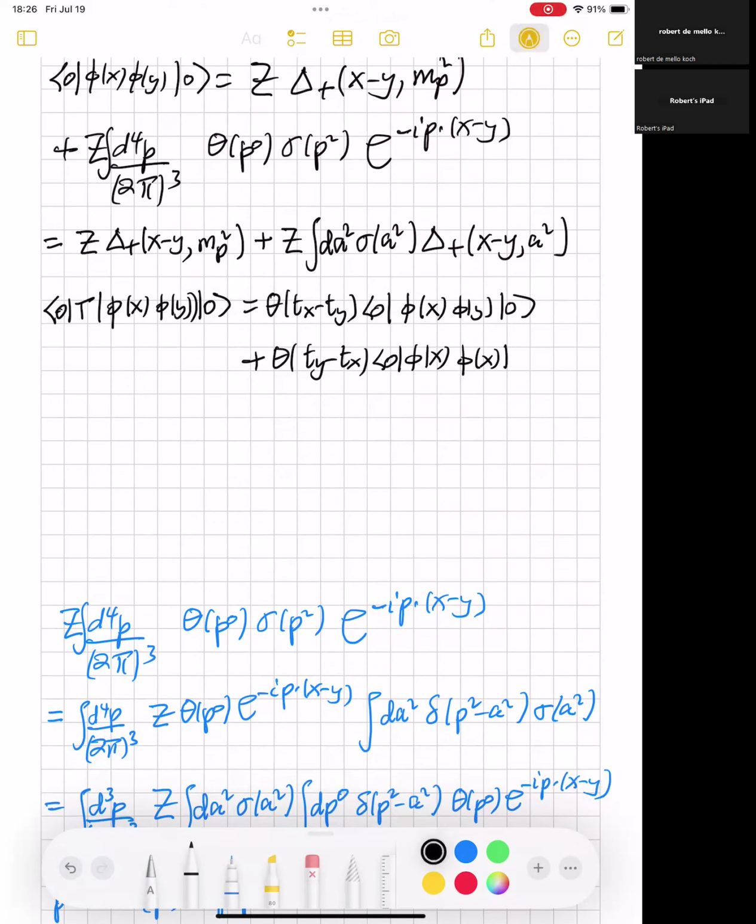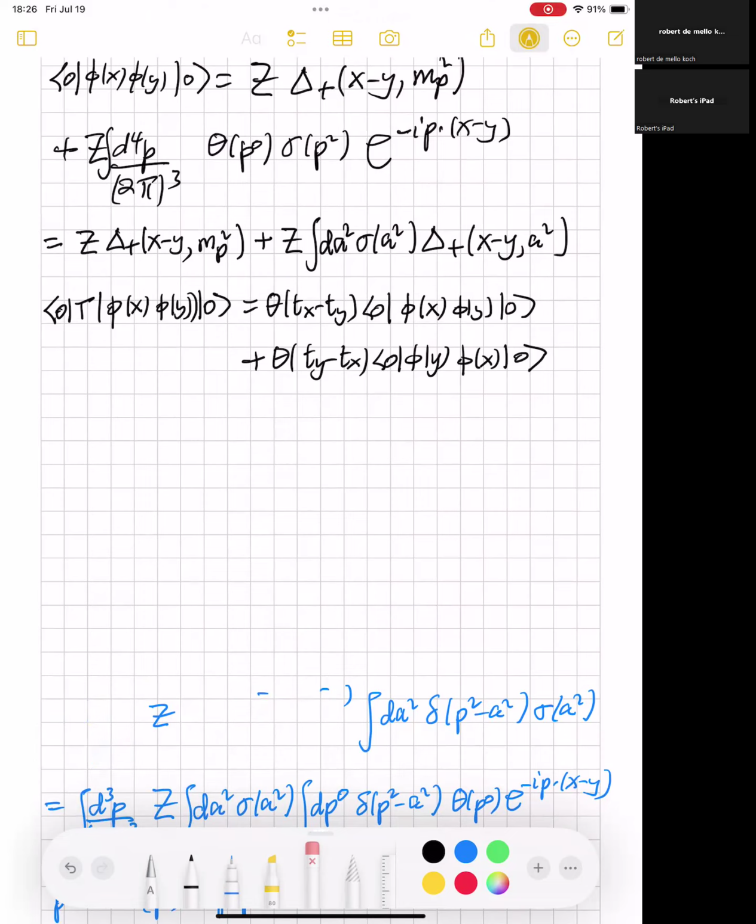Oh, too many x's here, not enough y's. There we go. So that's what we've got. Good. So we know what the Wightman function is. So now we can write down this time-ordered correlator. So let's do that next.